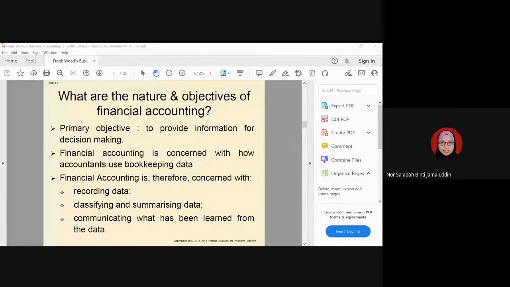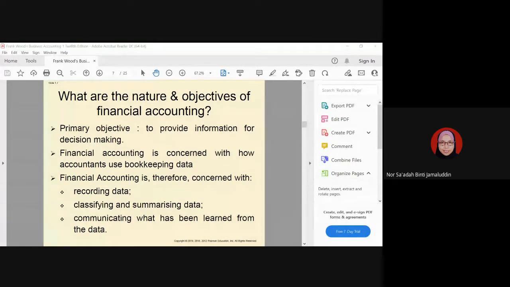So from the organization's financial statement, everyone can get the information about the business or organization from the financial statement, in order to make decisions. Okay, buat keputusan. Seseorang nak buat keputusan, dia boleh rujuk kepada penyata kewangan sesuatu syarikat.